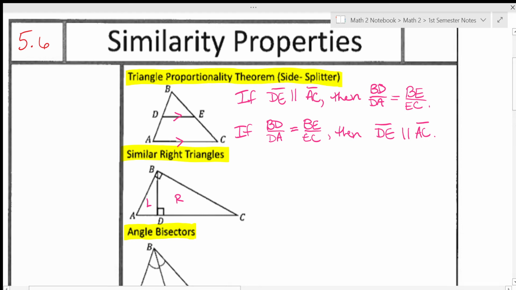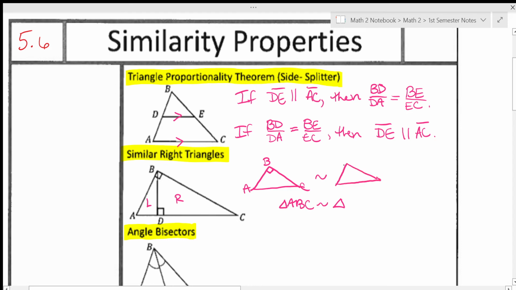So the whole big triangle ABC, where B is our right angle, would be similar to a triangle, and we could list these in any order, but I'm going to do the medium size one, flipped so that it's oriented the same way as ABC was.